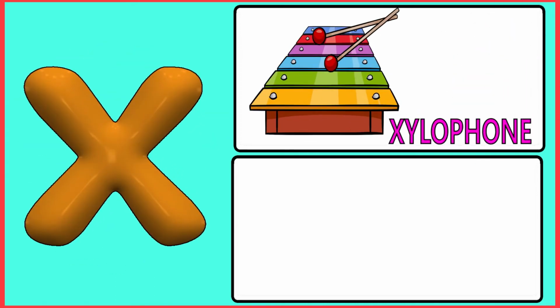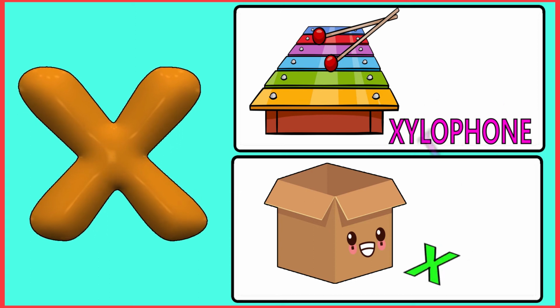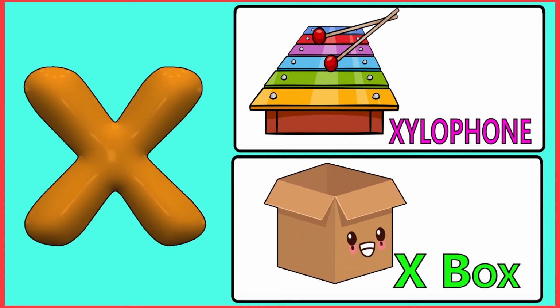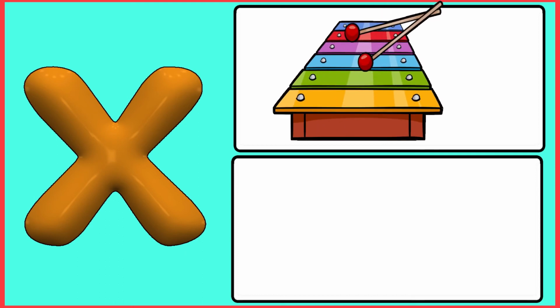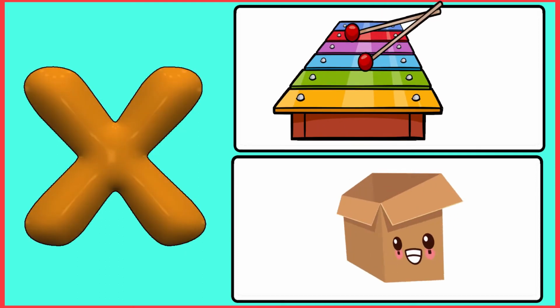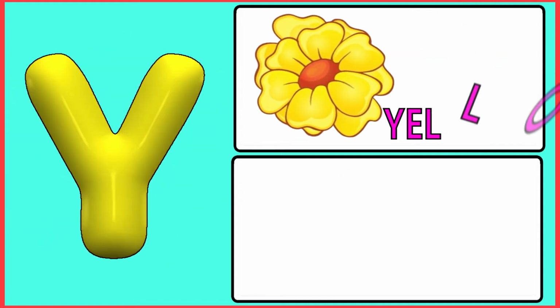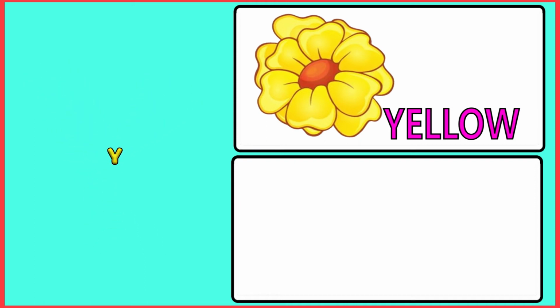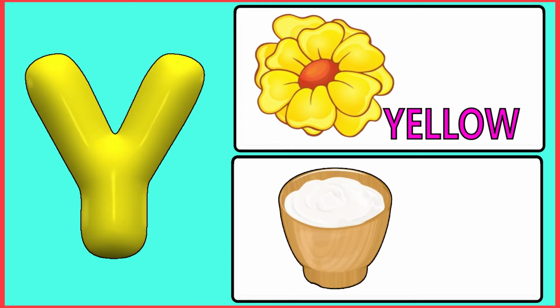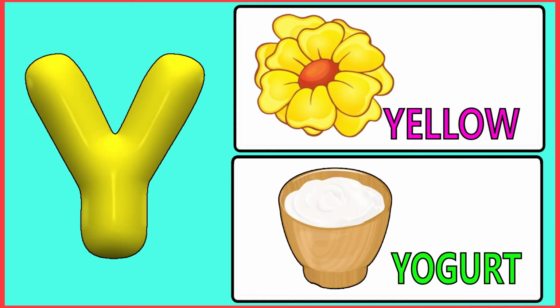X is for Xbox, Xbox. Y is for yellow, yellow. Y is for yogurt, yogurt.